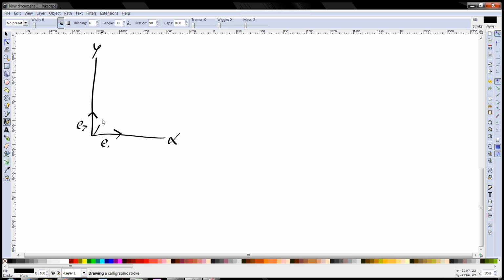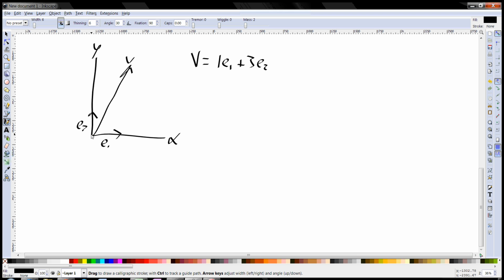And then let's say you've got some vector V. The equation for this vector V, based on our current coordinate system, let's say this is 1 unit over and 3 units up. So you've got V equals 1 E1 plus 3 E2. And that's just the equation that denotes this line here.